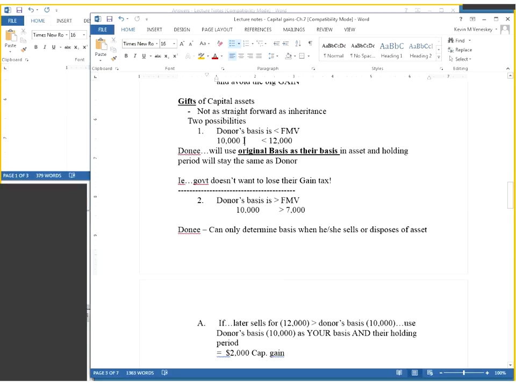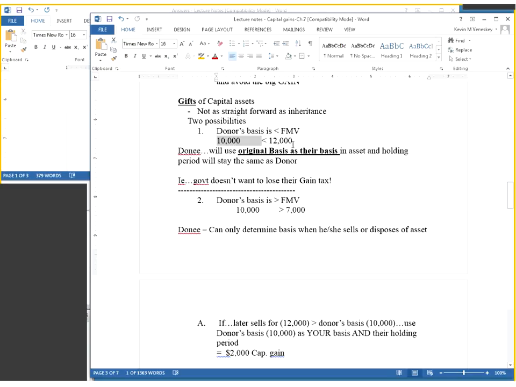You, the donee, must use the $10,000 that they bought it for. So you would have to pry a little bit and say, okay, if I ever sell this, I'm going to have to use your original purchase price, not what it's worth right now. And so you would have to use the original basis of $10,000.